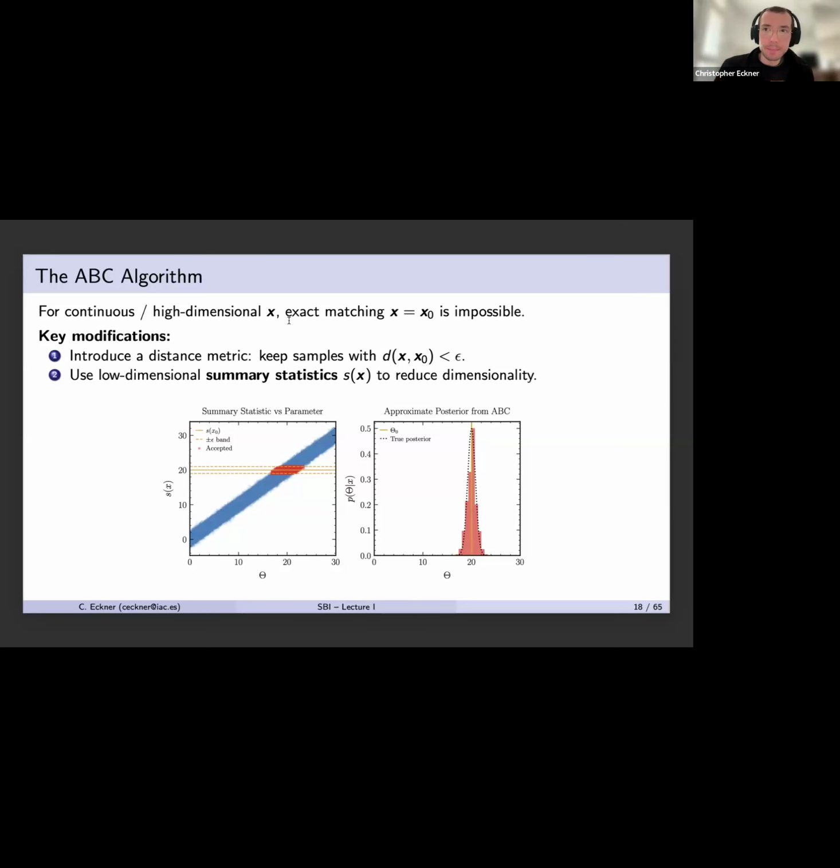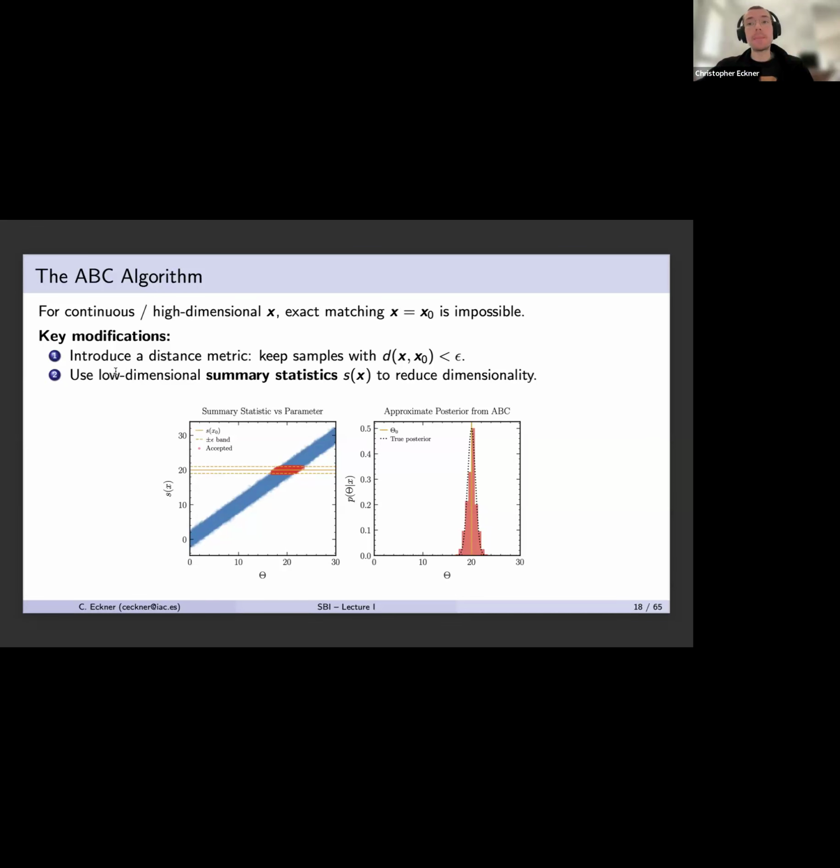And how do you do this? Well, it's very hard. What you want to do is compress your data. You've heard about compression of data quite a lot in the previous lectures. Compression is basically producing a low-dimensional summary statistic of your target input, which is just there to reduce the dimensionality. Let's say you have a summary statistic that reduces the dimensionality to a one-dimensional object.